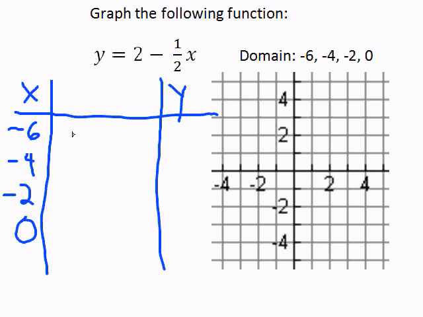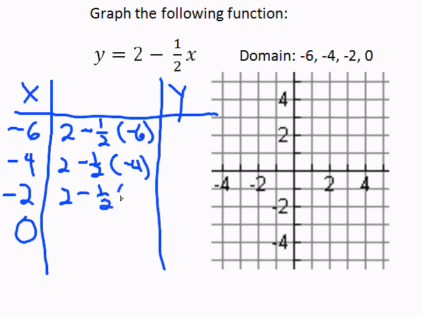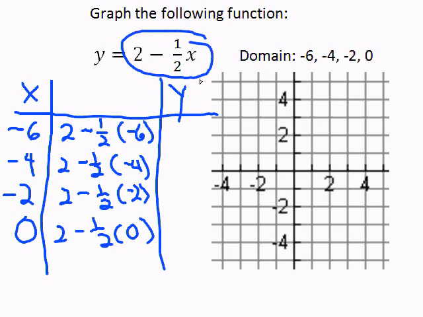If x is -6, we get 2 minus 1/2 times -6. For -4, 2 minus 1/2 times -4, 2 minus 1/2 times -2, and 2 minus 1/2 times 0. Again, I'm just copying down my function rule, putting in the x numbers for the x, straight down the line.